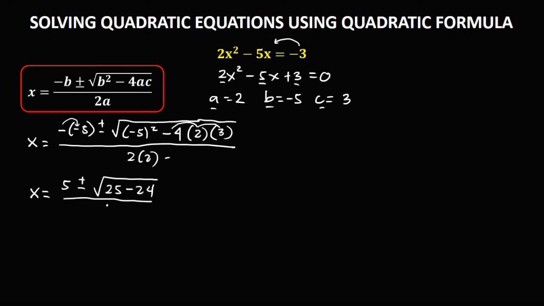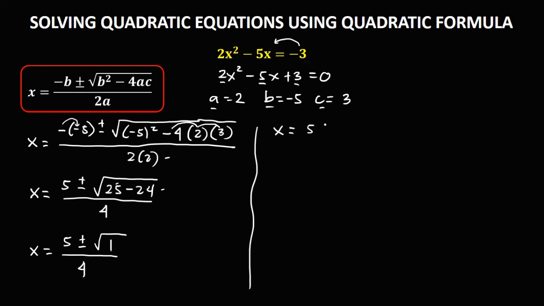Then over this 2 times 2, that's 4. So we have now x equals 5 plus minus, this 25 minus 24 is 1, then over 4. So x equals 5, plus minus the square root of 1, that's 1, over 4.